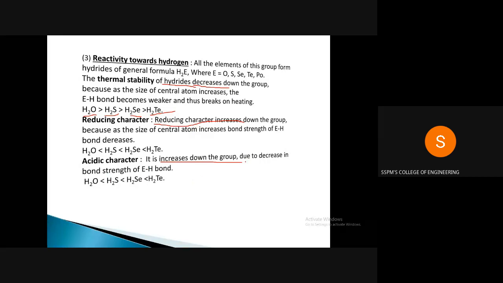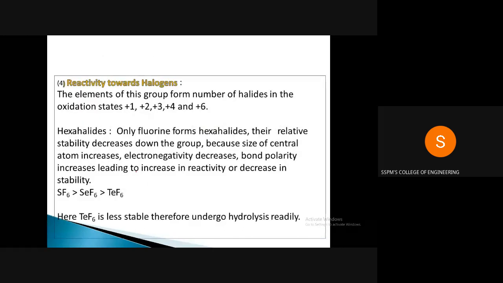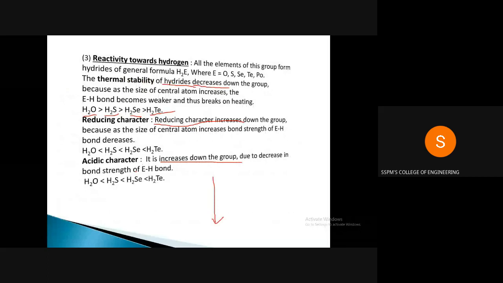So there is no release of hydrogen that easily, and hence when we go down the group, the acidic character will increase.